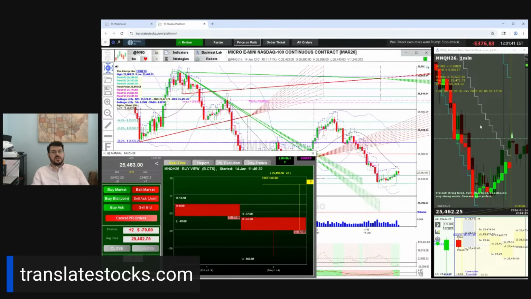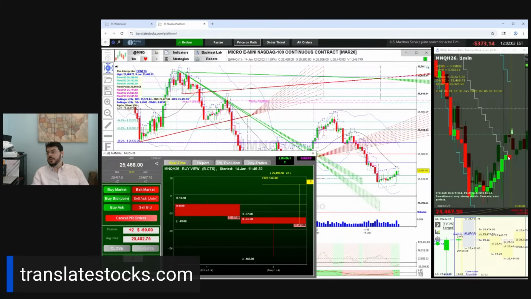I'm just trying to figure out if it's worth changing the order to another place here. Right now our exit's good, $63. And now we have support, resistance. The SMA is a resistance.